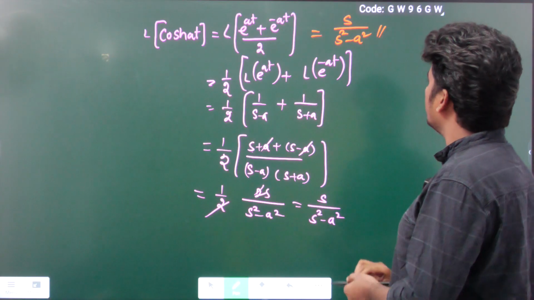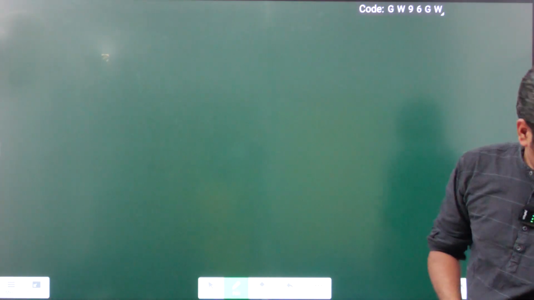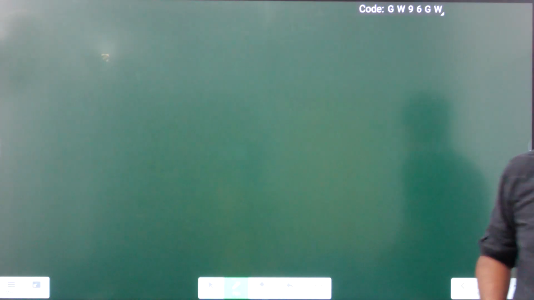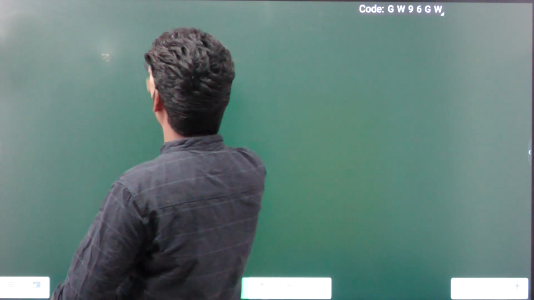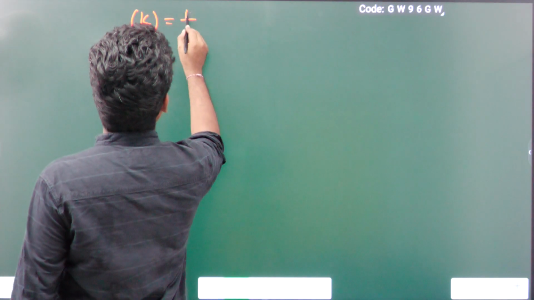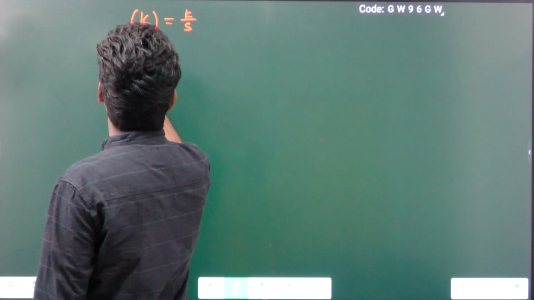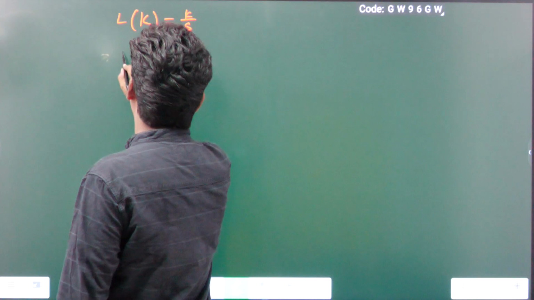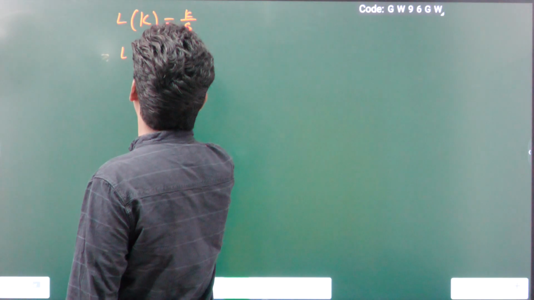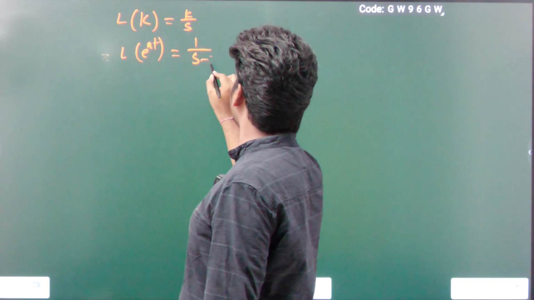As per what we discussed, there are some points we can notice here. The Laplace transformation of k will be k by s. The Laplace transformation of e power at will be 1 by s minus a.